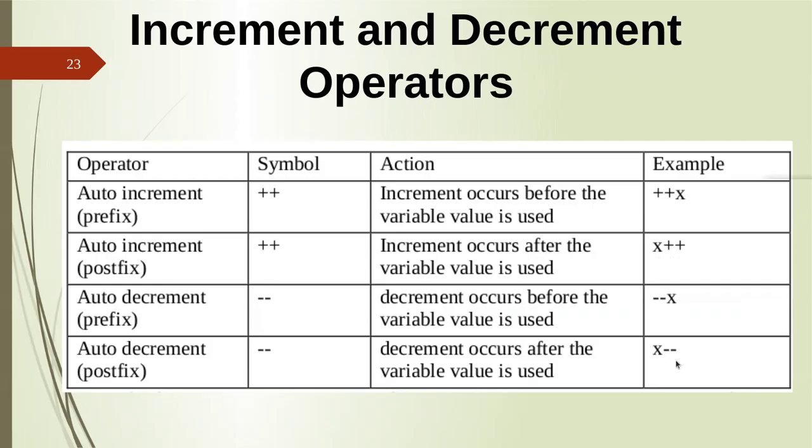Here it will add the increment before the operation is done; here, after the operation is done. This is called decrement: if the value is 2, it automatically becomes 1, decremented before the operation. After the operation, I will explain it by example.